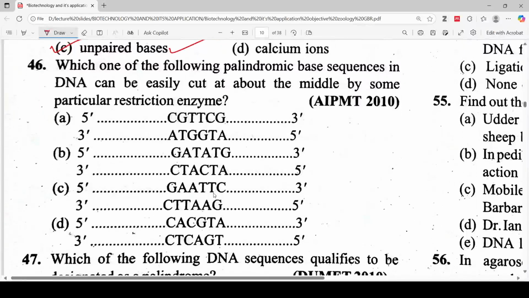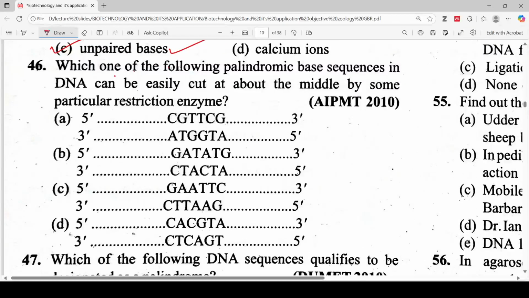So next question, which one of the following palindromic base sequences in DNA can be easily cut at about the middle by some particular restriction enzyme? So option C is the correct option.